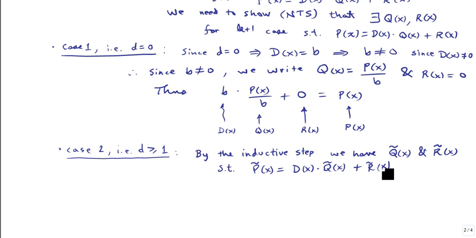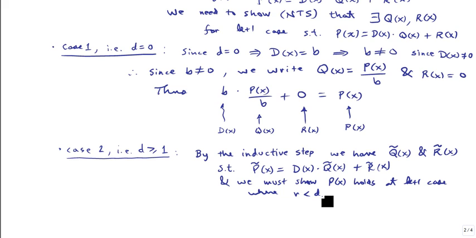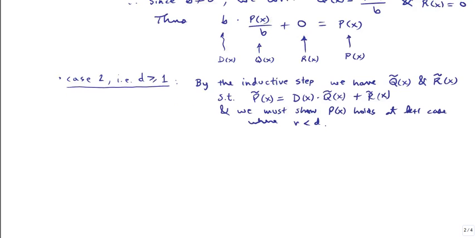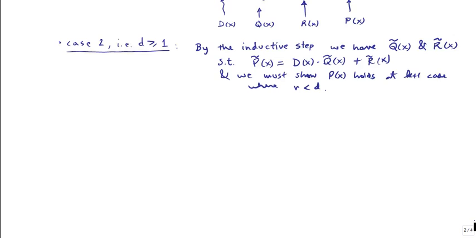Okay? And we must show that P of X holds at the K plus 1 case where R is strictly less than D. That means that the degree of the remainder polynomial is strictly less than the degree of the divisor polynomial.